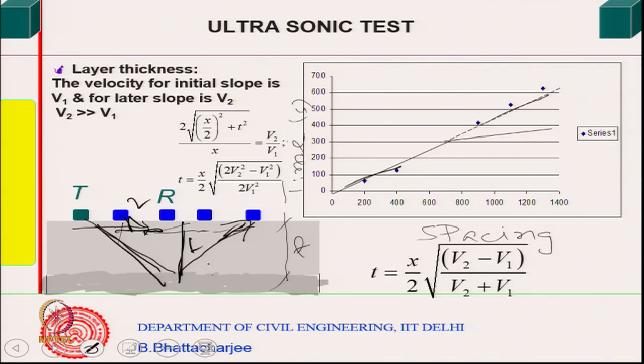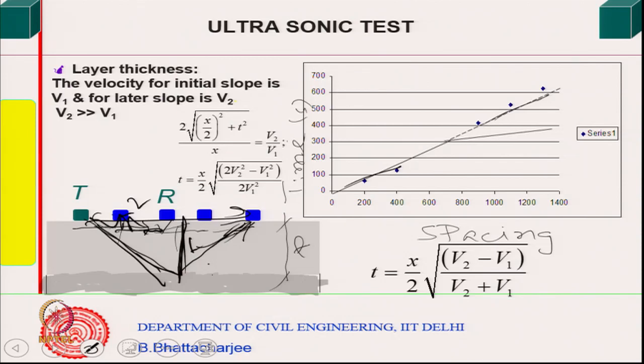In this case, square root of x square plus t square, in this case half x square. So, this is the spacing where you are finding there is a change in slope. So, half x by 2, this distance is x, half x by 2, and x is the relative spacing when you are travelling like this.